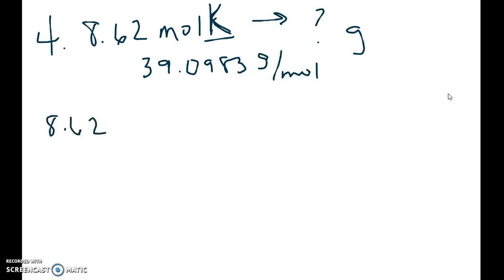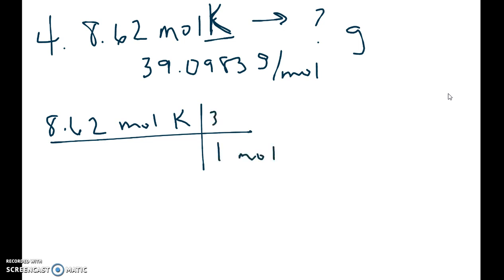So 8.62, which is my starting number, moles of potassium. If I have moles on top, I have to have moles on the bottom. And I know in 1 mole, there's 39.0983 grams. So I have 8.62 moles. I'm just going to multiply that by 39.0983 because that's how much 1 mole weighs, and that'll tell me how many grams I have.